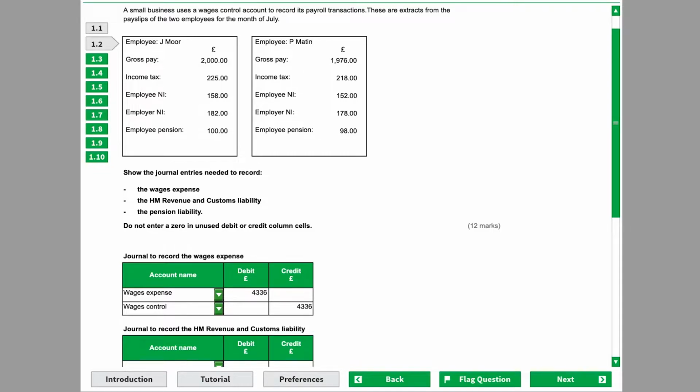It would therefore be 225 plus 158 plus 182 for the first employee, and then add on 218 plus 152 plus 178 from the second employee, which gives us a total liability of 1,113. To record this, we need to debit the wages control and credit the HMRC account. So let's get those in.